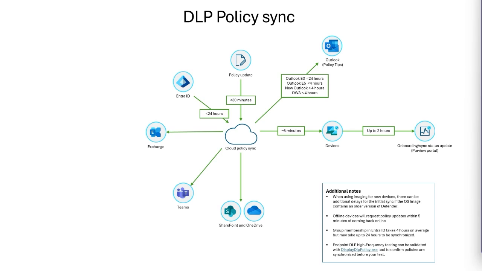As part of that sync process, think of it as it's going into the cloud engine or policy sync engine. And what that will provide is then a distribution across all of the workloads that we support, whether that's Exchange, SharePoint and OneDrive, Teams DLP, third-party SaaS applications with MDCA, and devices. You can see the timing or SLAs that we have for each of these. So when you create a policy, it goes in the cloud, and then for devices, there's a sync that happens to the device every 5 minutes or so.